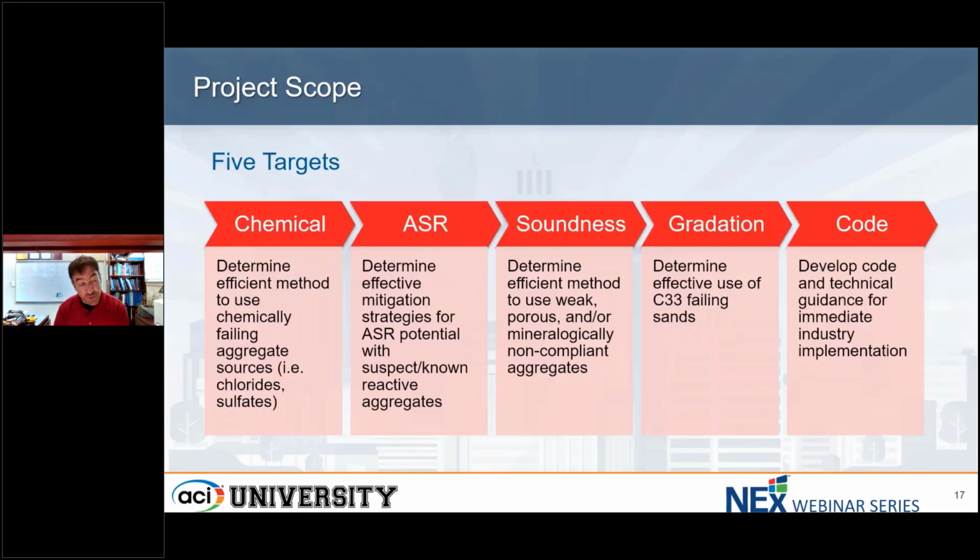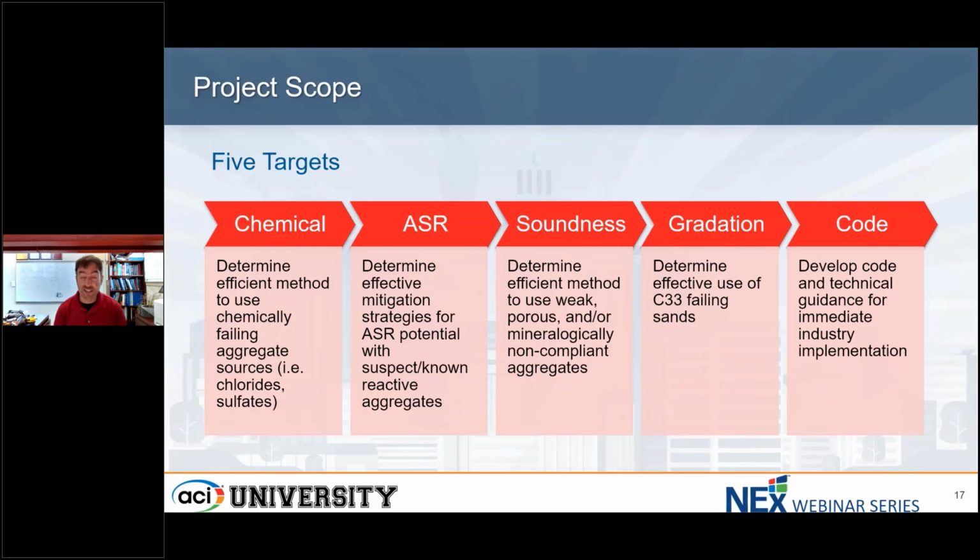When we look at the project, we had 5 objectives, and that was to utilize non-compliant aggregates that were non-compliant either because they had chemical contamination, they were known ASR active, they had soundness issues, or the gradation was falling outside of the C33 bounds.